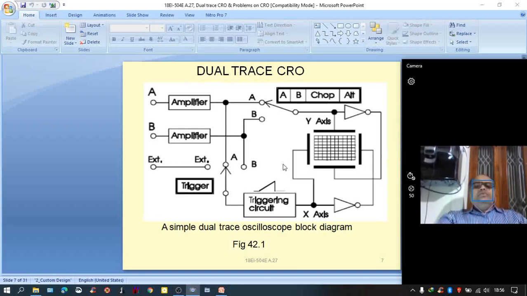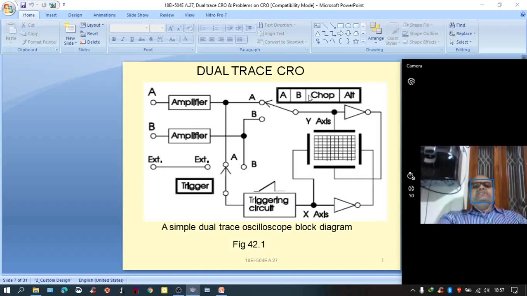And one more is there here. When you go for external trigger, actually here the triggering circuit is provided with the input from either the channel A amplifier or channel B amplifier output, or an external signal.